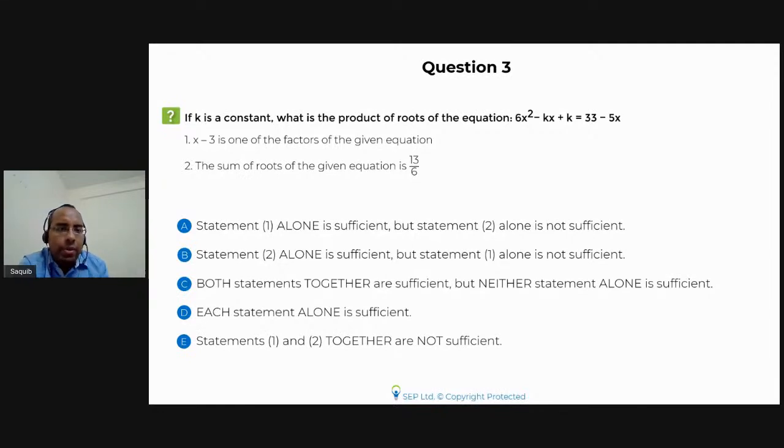In this question, most of you might end up marking B, or if you're not very good with the concepts of equations, you may even end up marking E. But D and B are the most commonly marked answers in this question. Now, let me tell you how to solve such questions, very methodically. It's not that this is a one-off question or anything like that.